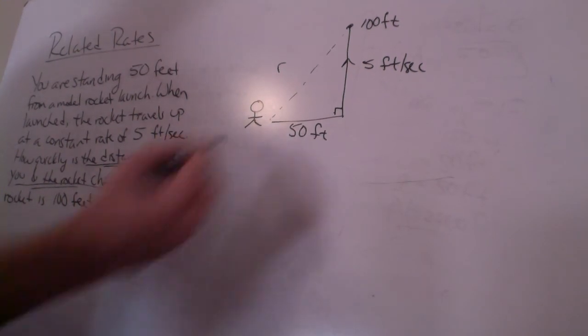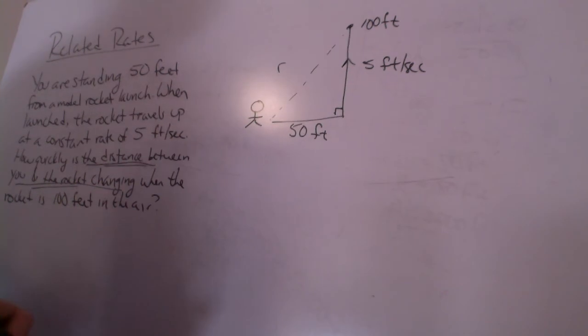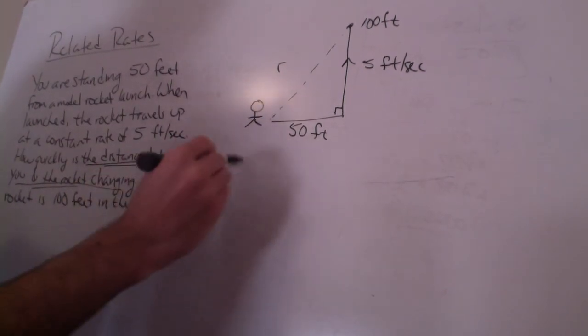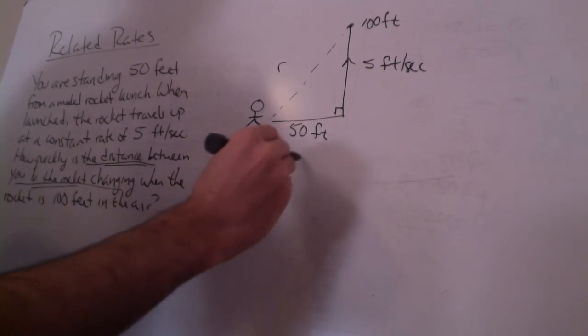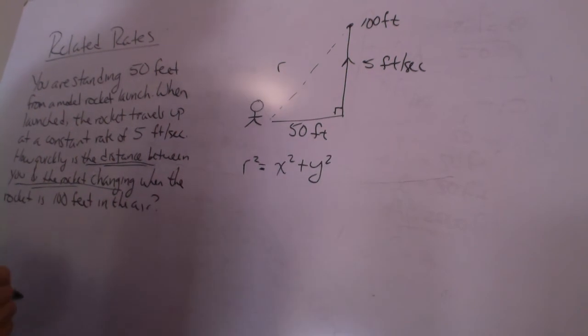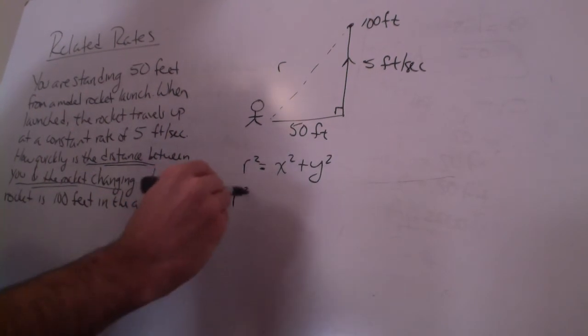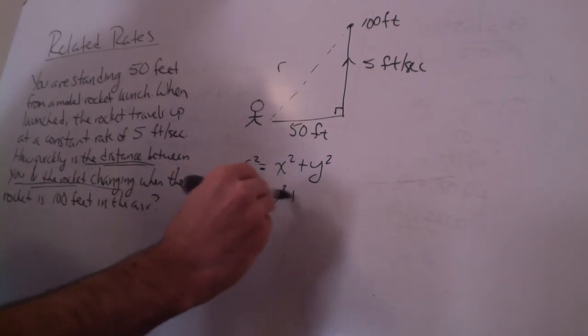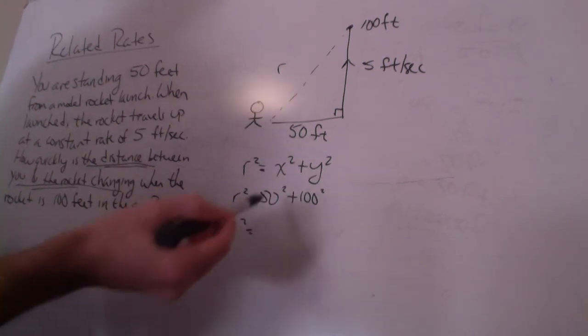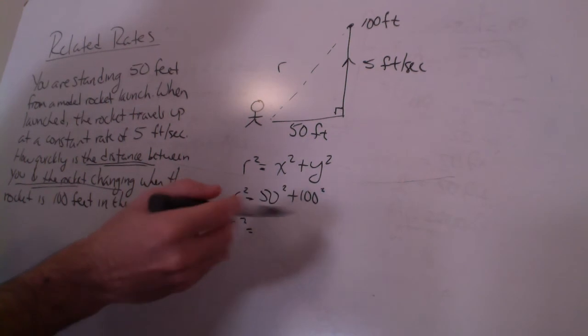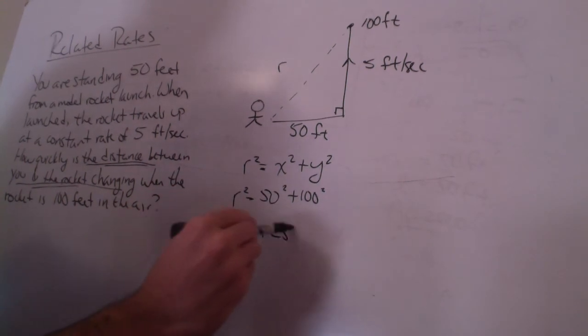That means that R, this distance between me and the rocket, well, I'll just use the Pythagorean theorem. So R squared has to be, in general, x squared plus y squared. That means that R squared should be 50 squared plus 100 squared. Which means R squared should be, 50 squared is 2,500, 100 squared is 10,000, so this is 12,500.